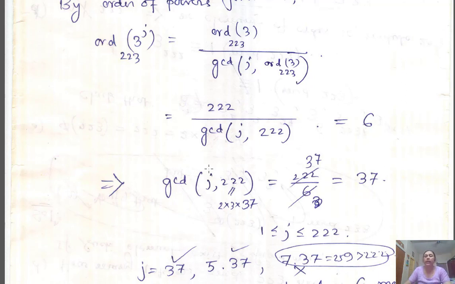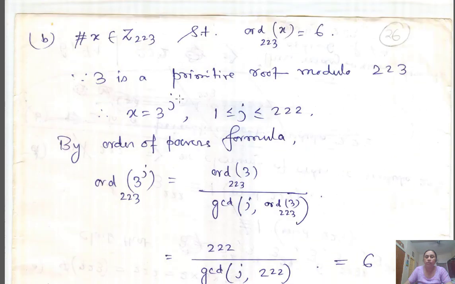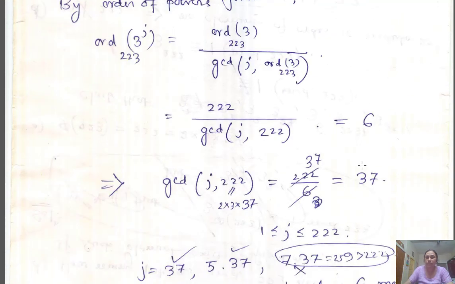So the elements of order 6 are 3 to the power j satisfying this relation. Now 222 is 2 into 3 into 37, and their GCD is 37.